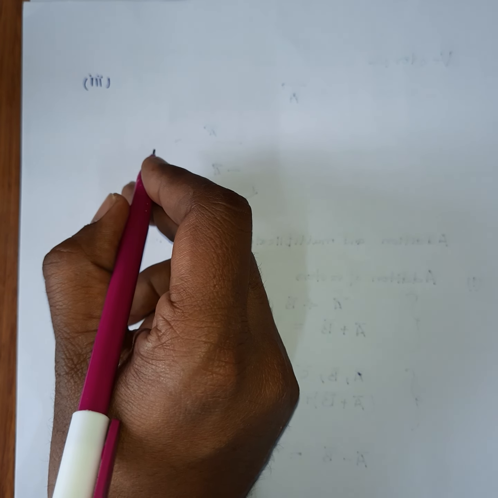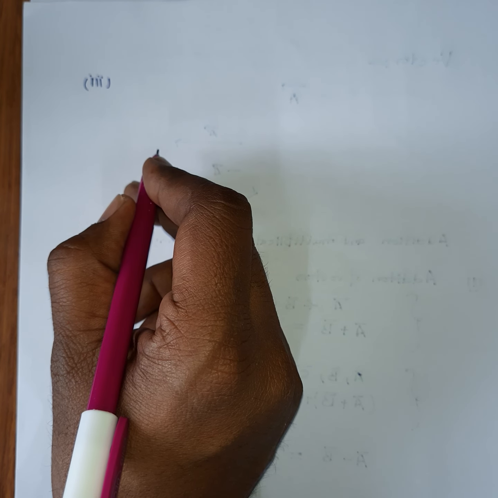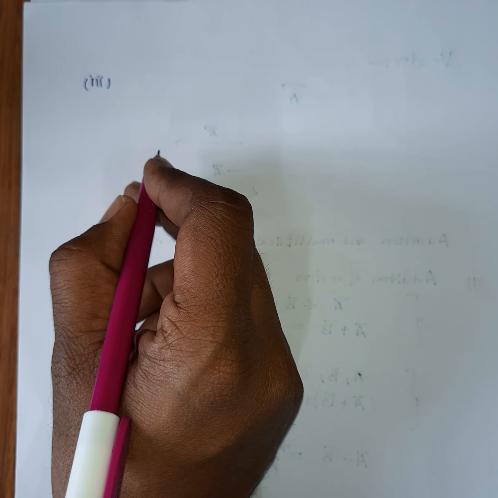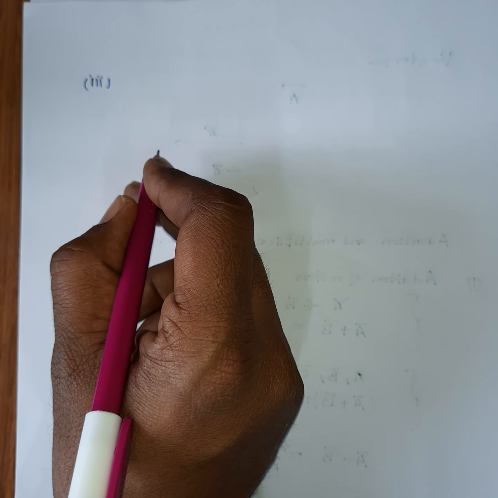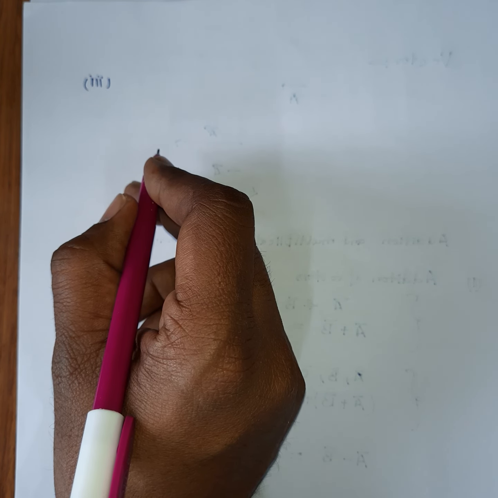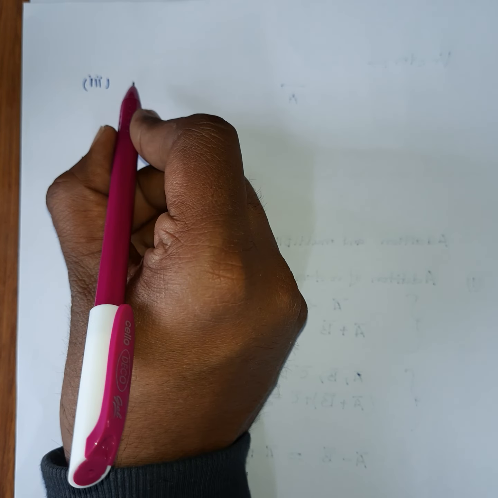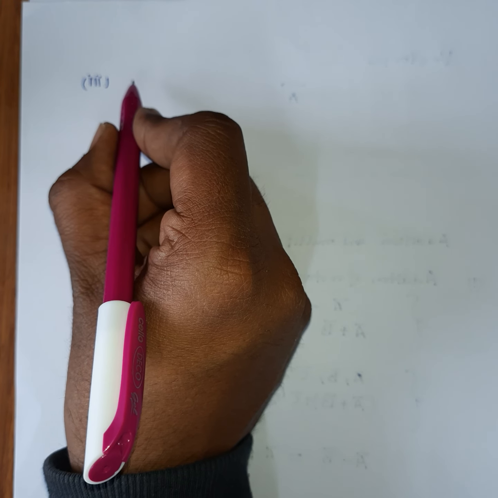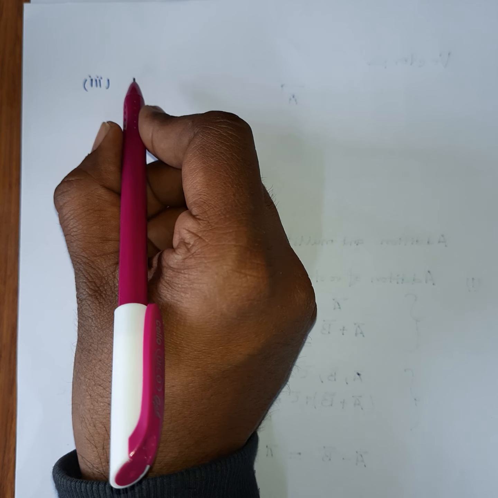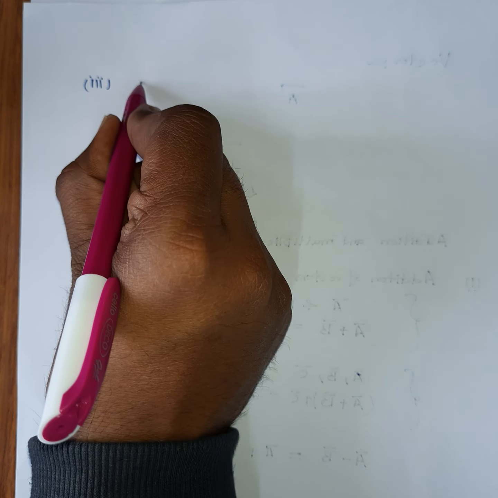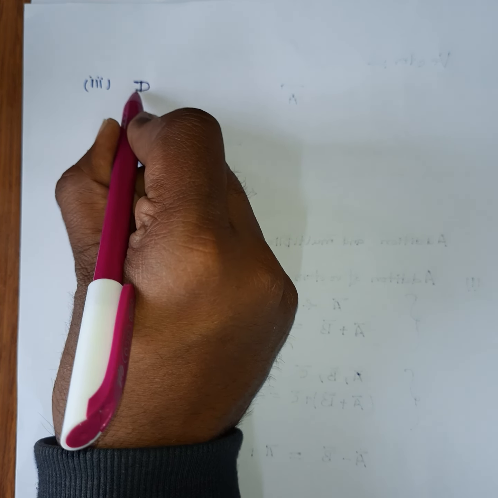So a vector can be multiplied by a scalar, and we can also multiply two vectors. If you multiply two vectors, you can do it in two ways. One is the dot product and the other is the cross product. So let's first discuss dot product of two vectors.